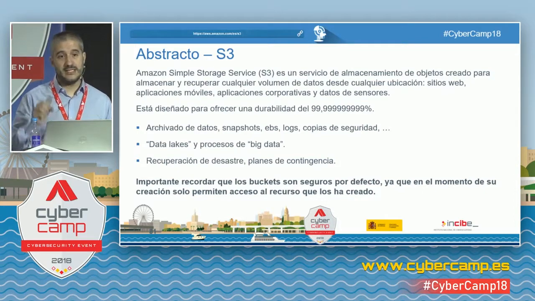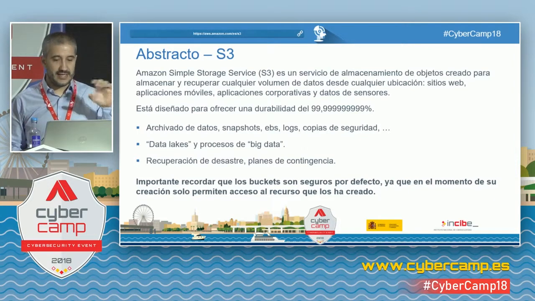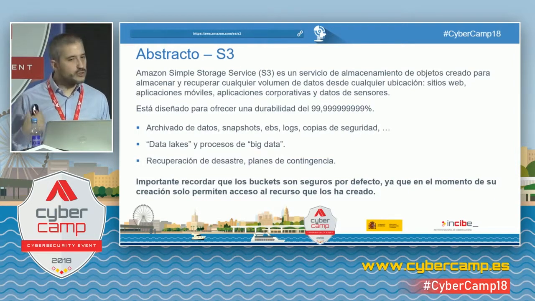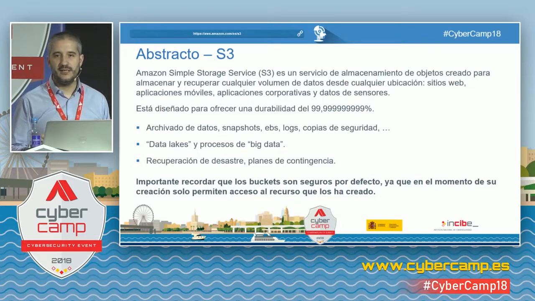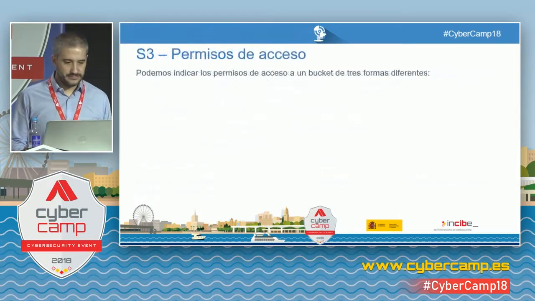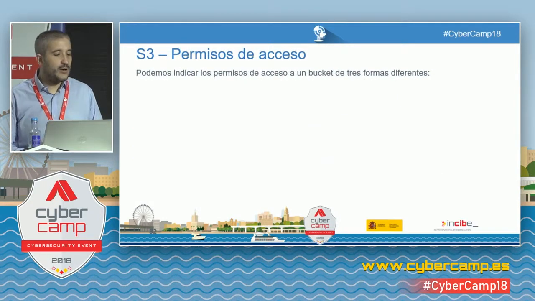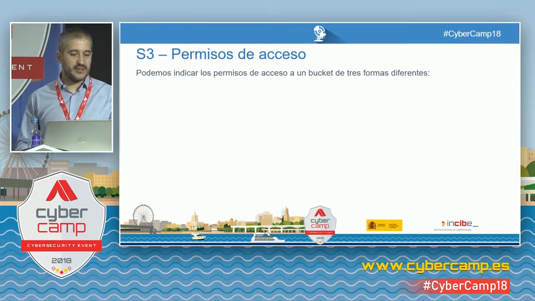Here in bold print, I say that buckets, which is where you keep your things in folders, those basic units are safe and secure by default. So you have a new bucket and you're the only one who can access it unless you specifically give somebody else access.